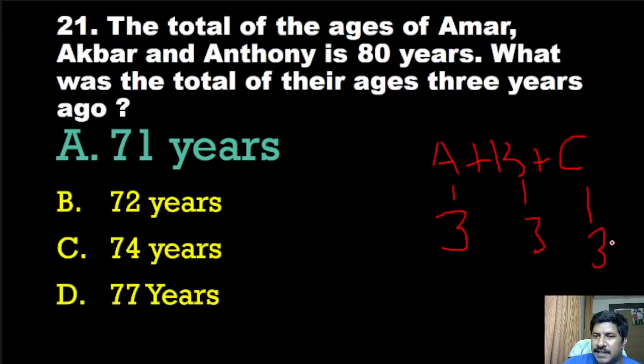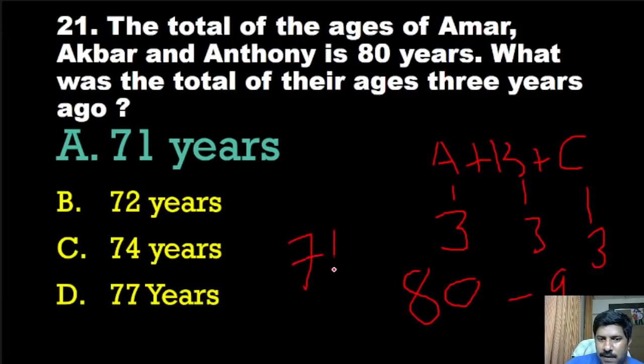So total 9 years you need to subtract from 80 years. So total will be 80 minus 9. So 3 years of Amar, 3 years of Akbar, 3 years of Anthony. So the answer is 71.